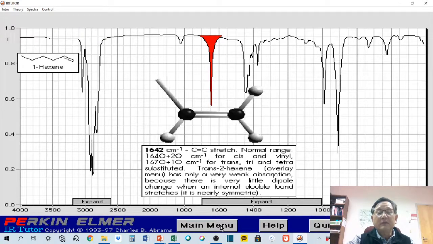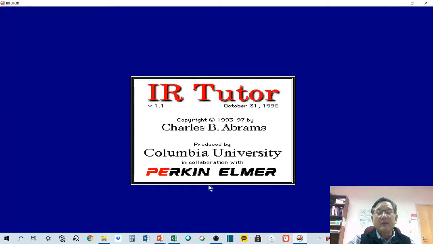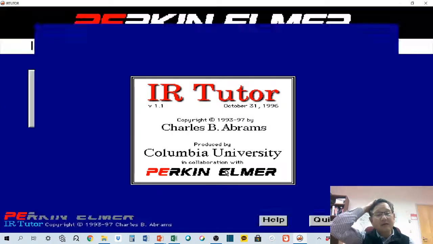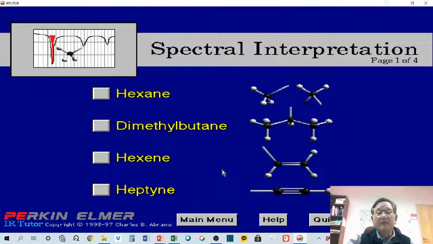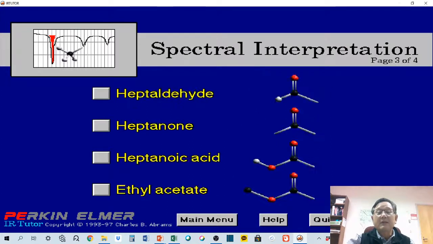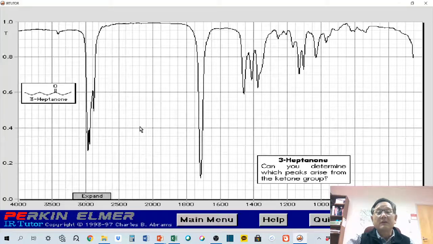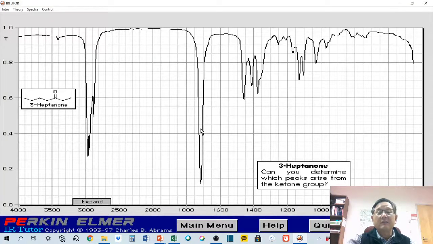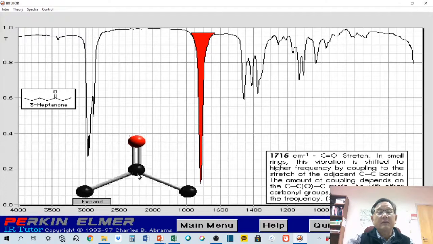This software was provided as a computational model by this PerkinElmer IR tutor. Then I want to show you the 1700 peak I talked about, and that has something to do with the motion in what's called the ketone. If you look here, this is a carbon and an oxygen, a double bond.